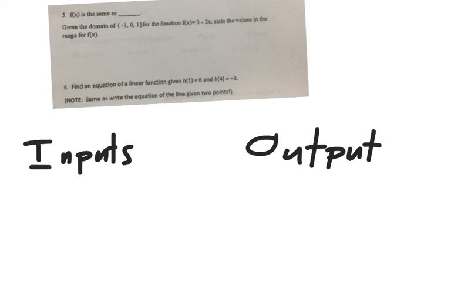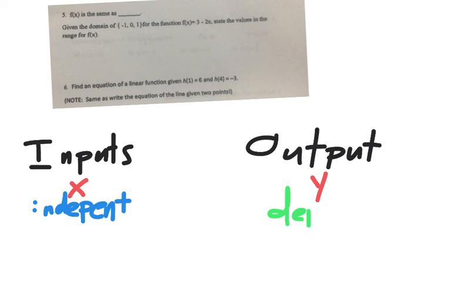What was another way we could talk about input and output? X and Y. Inputs are my X's. Outputs are my Y's. Then we talked about another way: independent and dependent. The input is my independent variable. It's the thing I have a choice over. The output is my dependent variable.